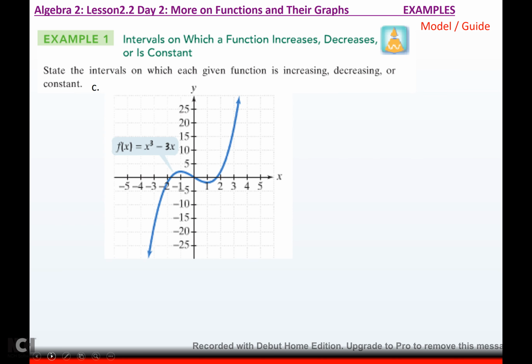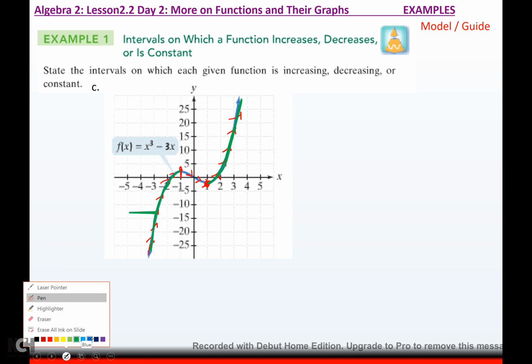Alright, so if I look at this one, it looks like we're increasing until right there. Then we're decreasing until right there. And then we're increasing. So if I do this color coordinated, we're increasing here and here, and we are decreasing here.